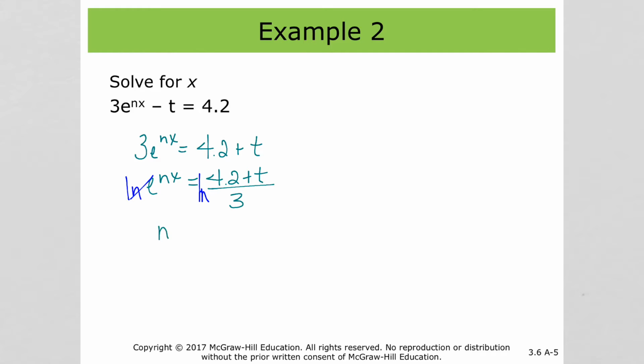So we have nx equals the natural log of (4.2 plus t) divided by 3. Last, we're trying to get x by itself, so divide both sides by n. So we could write this as all that over n. In order to not make it look quite so complicated, I'm going to just write multiplied by 1 over n. It's the same thing. Times the natural log of (4.2 plus t) over 3.